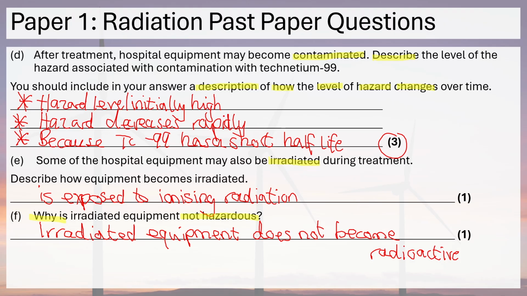So if you remember with contamination, the object or the person that is contaminated becomes radioactive. It's very difficult to get rid of that radioisotope once it's on or in you. Whereas irradiation, as soon as the source is gone, a bit like switching off a light, then there's no radiation around. The equipment is not radioactive. It's just been exposed to radiation passing through it. And that's the end of the video.